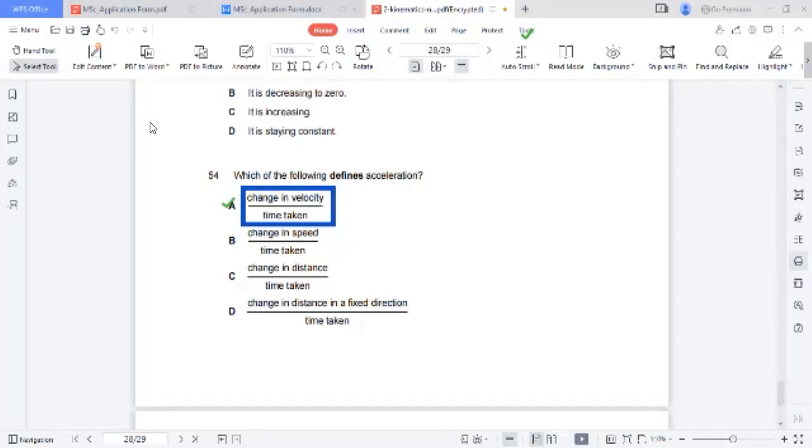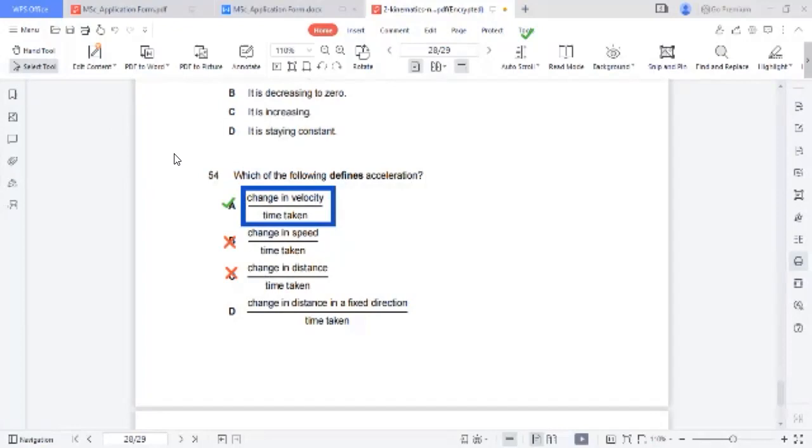Actually acceleration is a vector quantity, but speed is a scalar quantity, and change in a scalar quantity results in a scalar quantity. Change in distance over time is the formula for speed, not for acceleration.